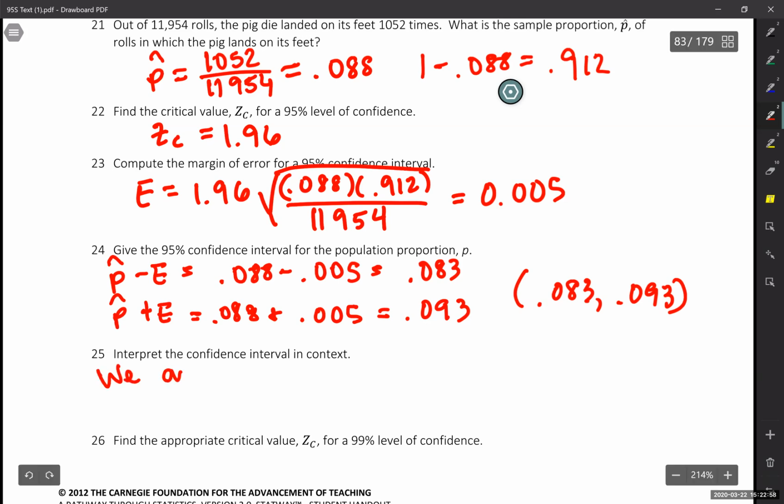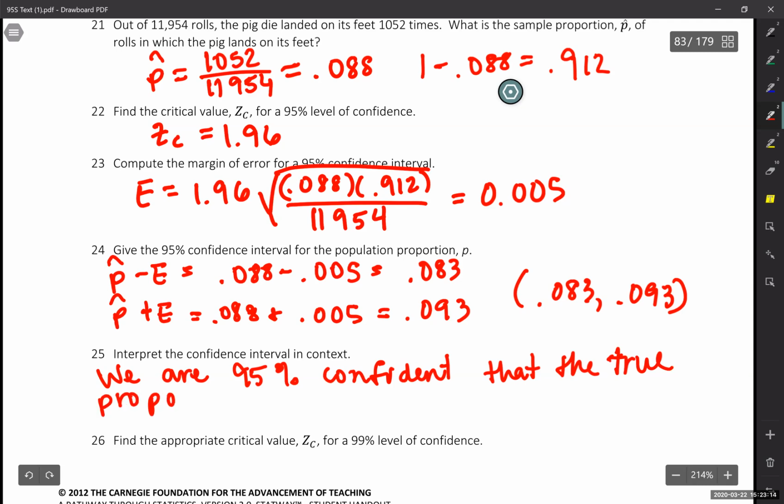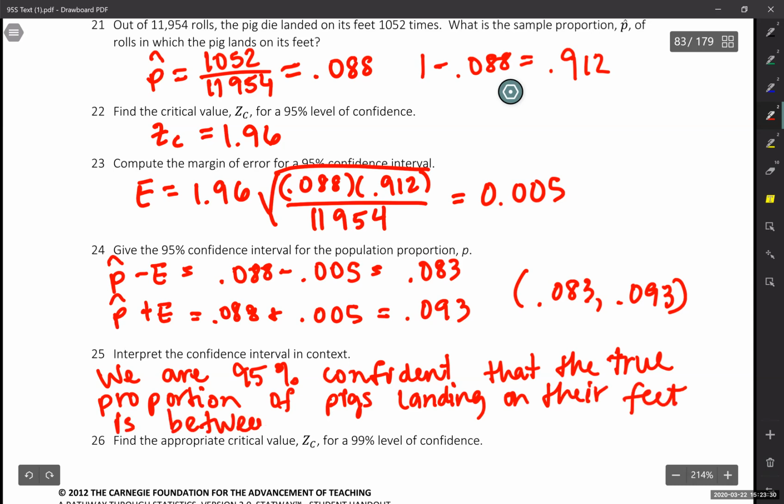In this case, we were 95% confident that the true proportion of pigs landing on their feet is between 0.083 and 0.093.